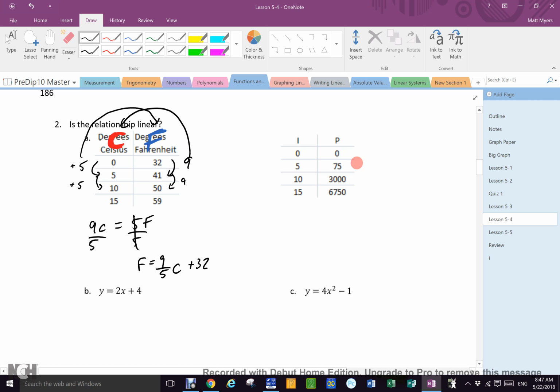Probably goes from 0 to 75. Yeah, you're absolutely right. But now let's turn it into math words, which are: the rate of change is not constant. This is nonlinear because the rate of change is not constant.